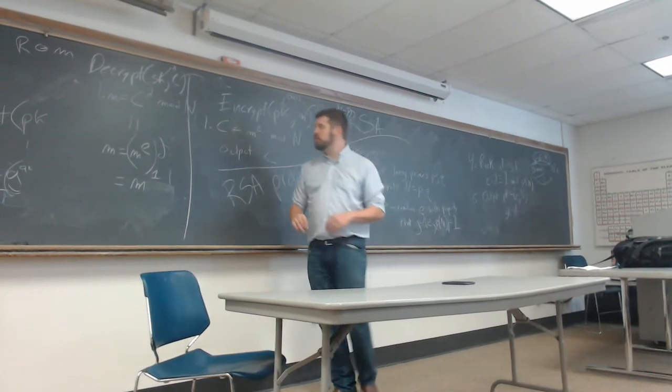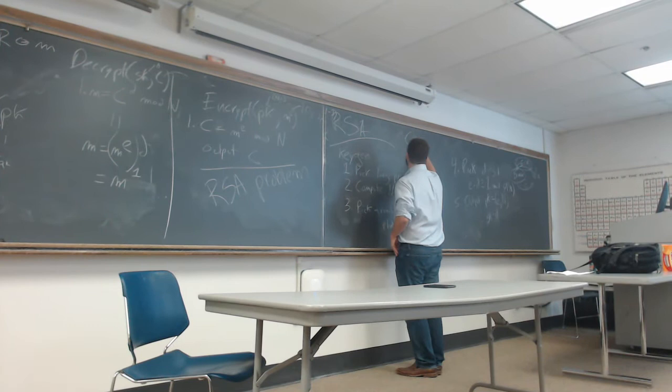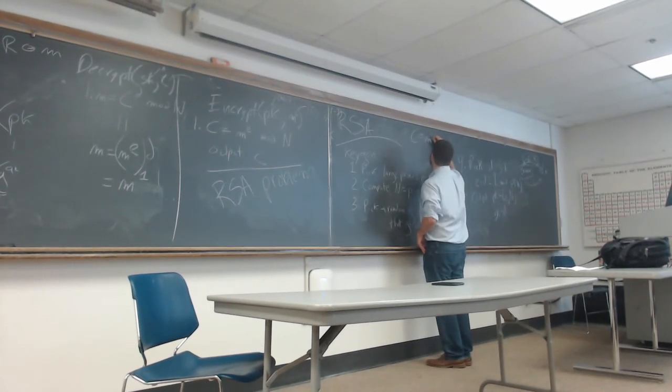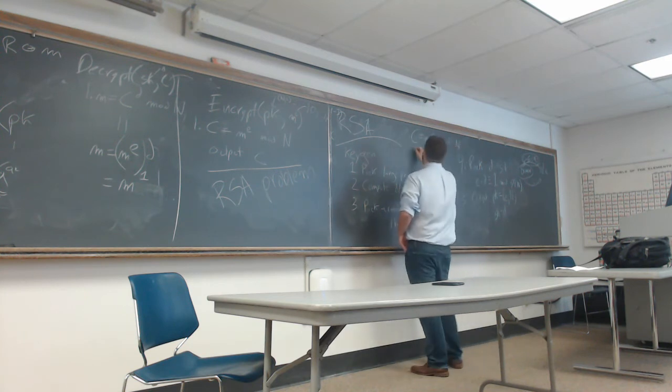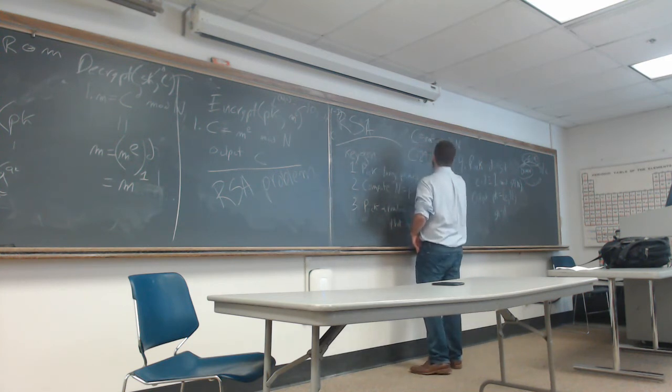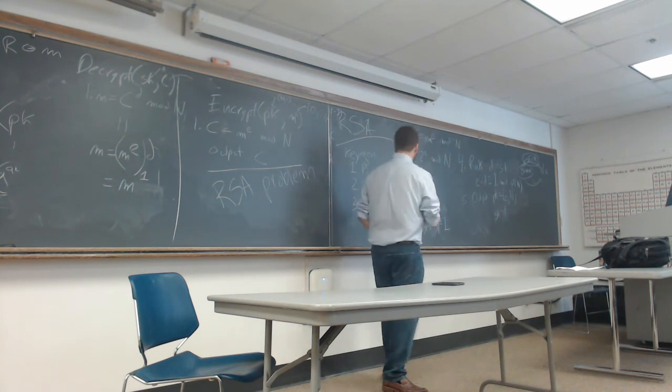Okay, so what we can do is the following. If you give me C, I'm running out of space. C is equal to M to the E mod n. What happens if I compute C times 2 to the E mod n? And then I send that to you to be decrypted. Well, you're going to decrypt it.